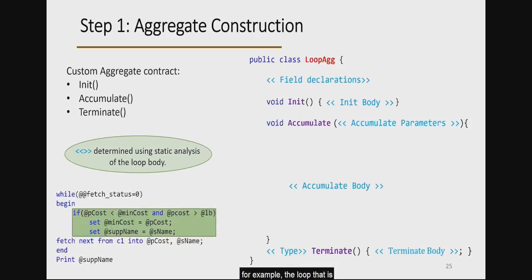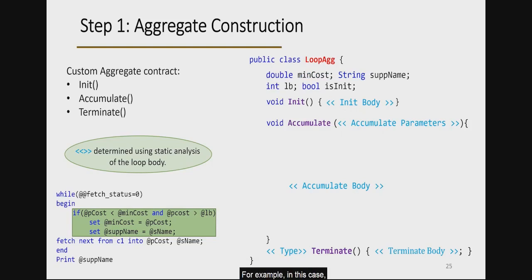For example, the loop is shown on the left hand side bottom of the slide, and for such a loop, we want to analyze it and construct a custom aggregate, shown on the right, which expresses this loop logic. I'll quickly jump to how Aggify generates this aggregate.